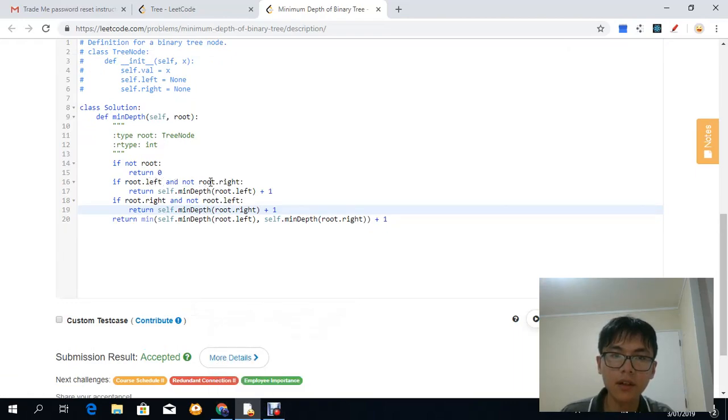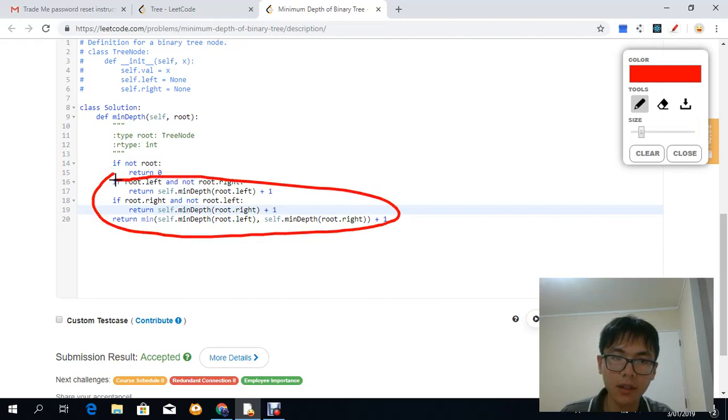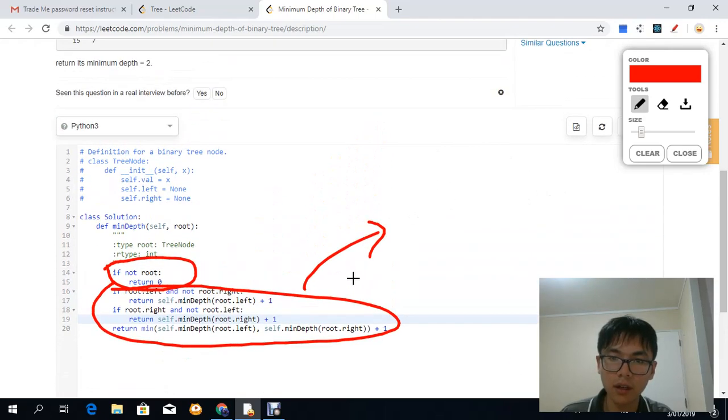So here, this is the 3 conditions and this is the base condition. I'll go through these 3 conditions one more time.